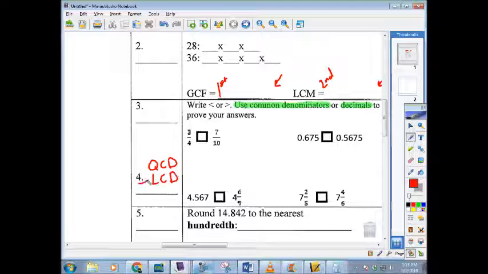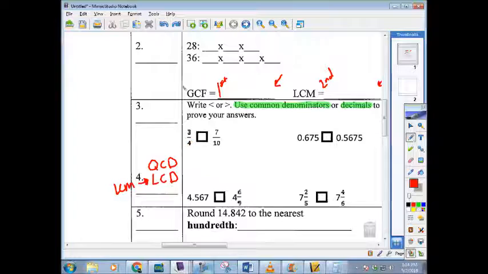Least common denominator is just the LCM of the two denominators, which I know we're getting ahead. We're going to learn that later on. Basically, you could just make both of these 40. There's something else you could make it, but if you want to make them 40, that's fine, and then do whatever you did at the bottom to the top, and then compare them.